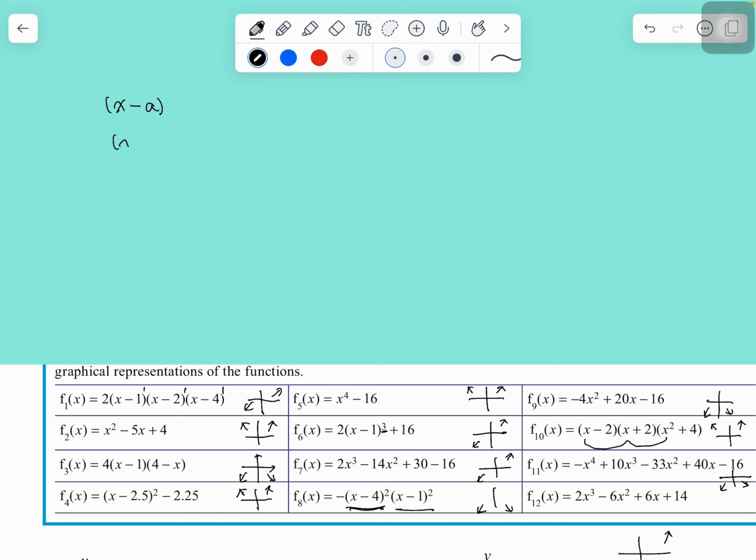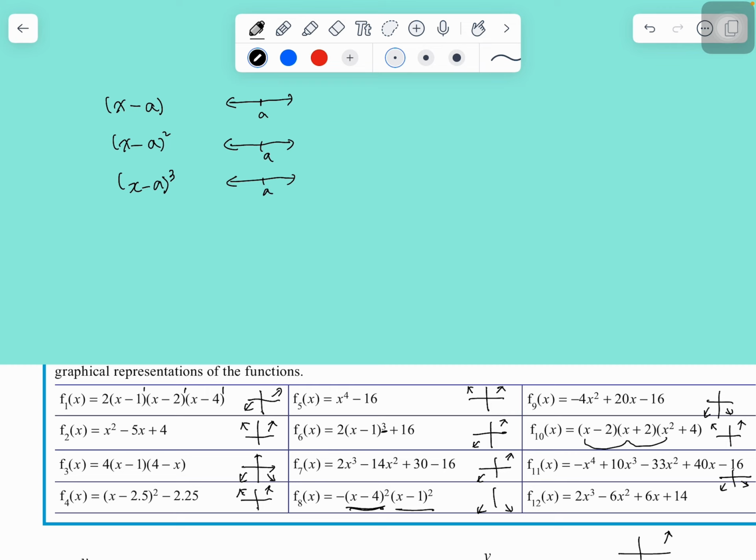For example, x minus a, x minus a squared, x minus a cubed. It can be more, but anyway, if you understand these 3, then all others are just repeated. So now we know we put a on the x-axis, and all of them have a.